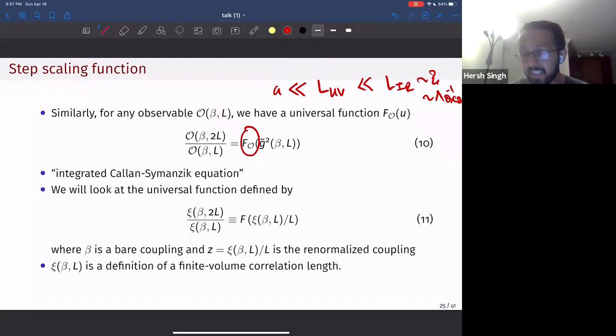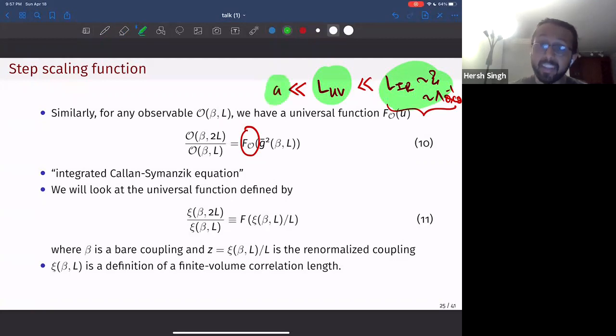There is this IR scale, which is the genuine IR of the theory. Then there is this scale, which is the UV of the continuum theory. Then there is another UV cutoff, which is the lattice cutoff.